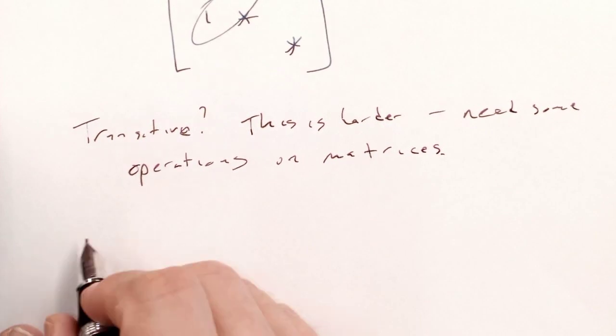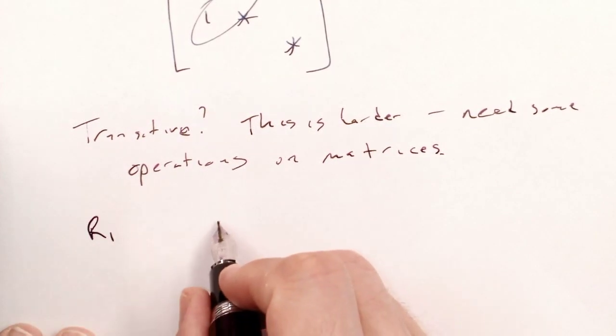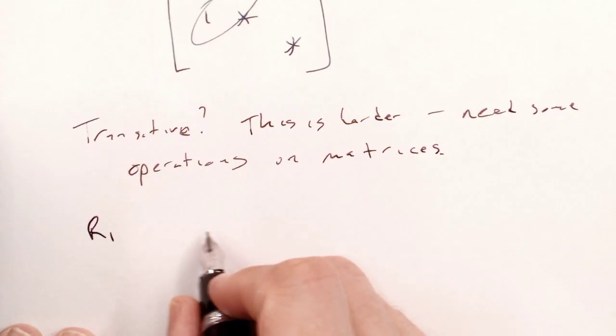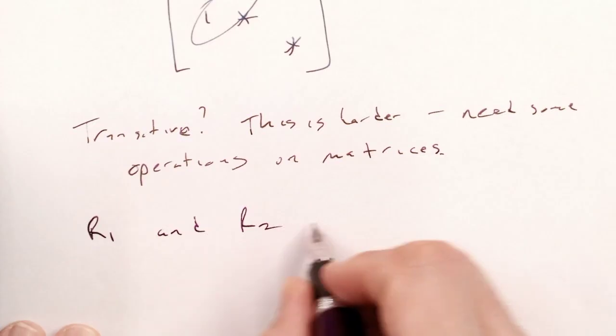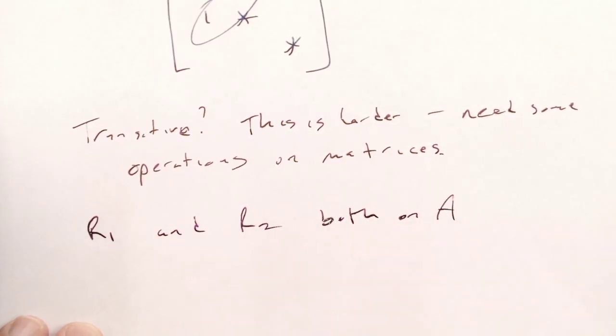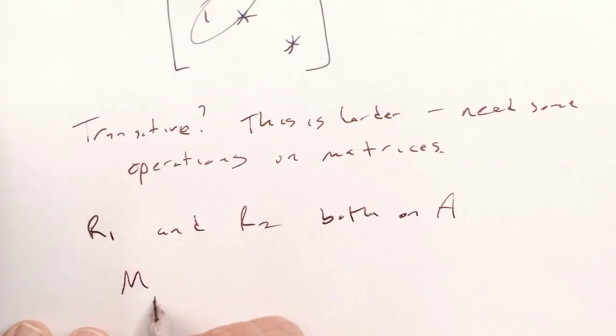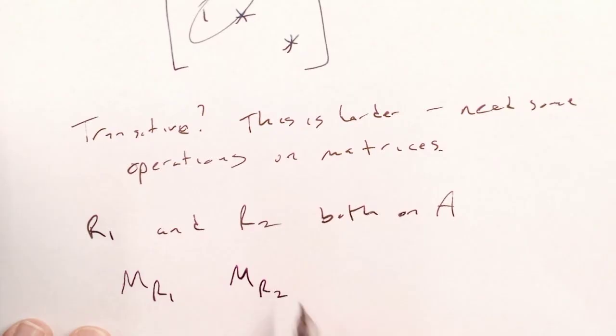Let's suppose I have relation 1 and relation 2, and they're both on the same set. Well, then each of those has a matrix, right? But R1 and R2 are subsets, and if they're subsets, then I can define other subsets, right?